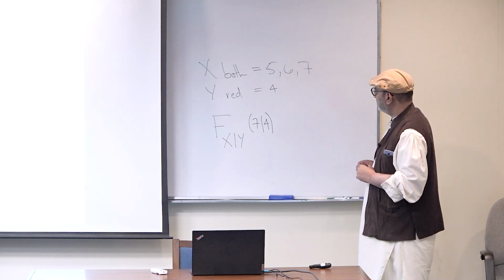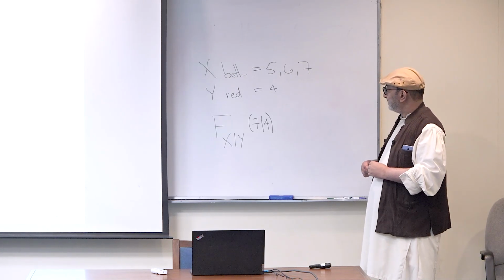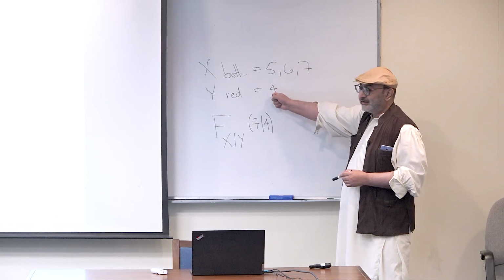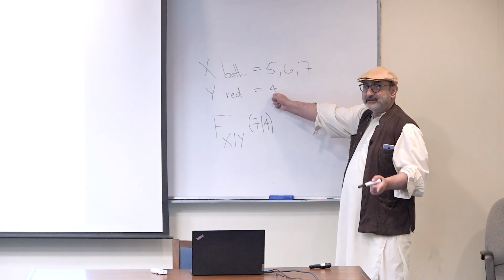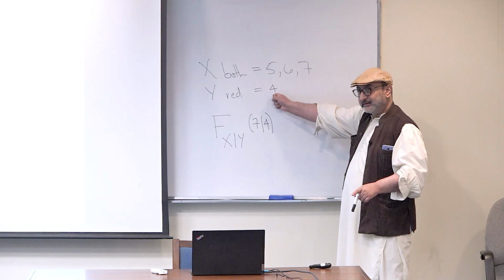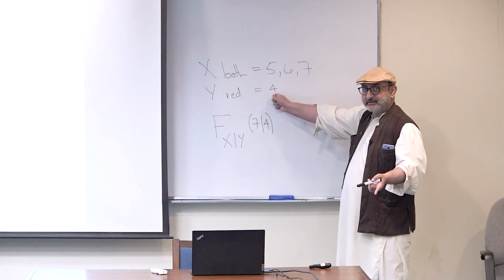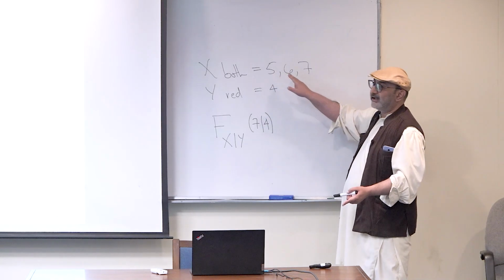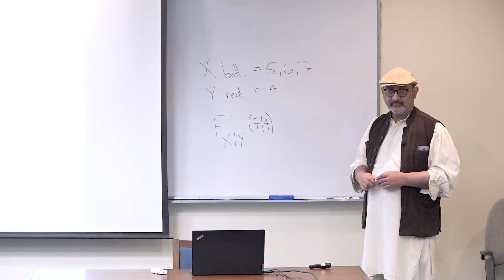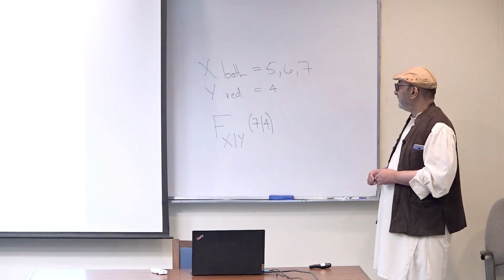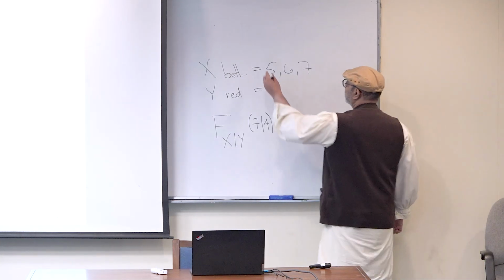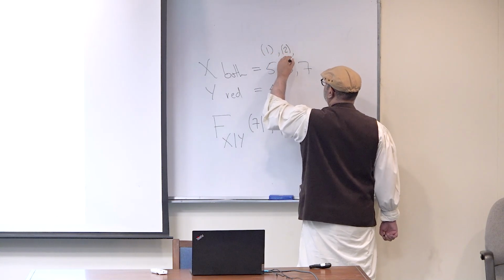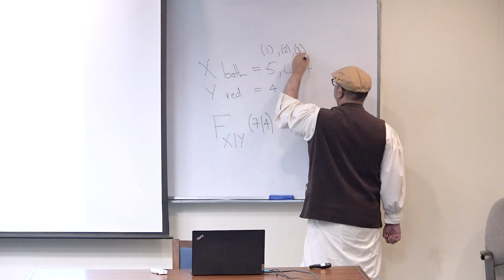So given that the red die gave a 4, the totals which are less than or equal to 7 could be 5, 6, and 7. This is the result of rolling 1, 2, or 3 with the other die.